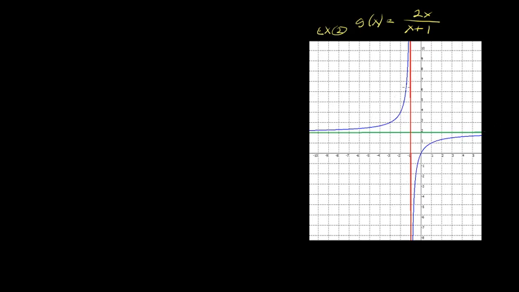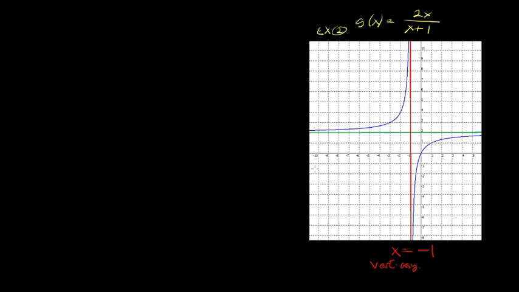These blue curves are the graph of this function. The red line here, again, is the vertical asymptote. If this is 0 here, you're going 1 to the left, it looks like x equals negative 1. So that's our vertical asymptote.